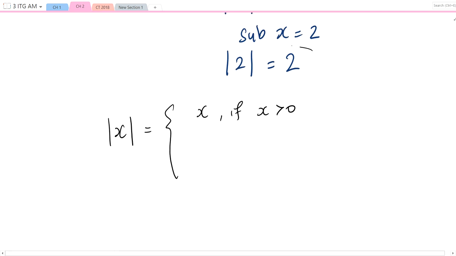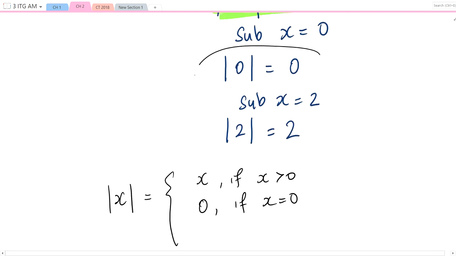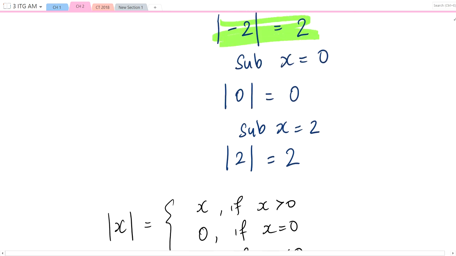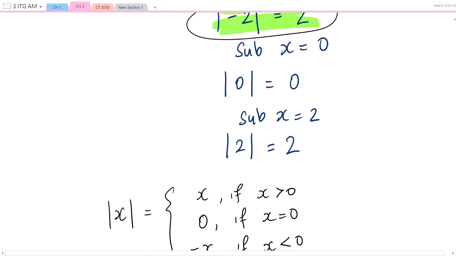Okay, this falls into the case over here. There is no change. Now this can also be equals to 0 if x is equals to 0. Okay, which was the case over here. And finally, it will be equals to -x if x is less than 0, which falls under this case.